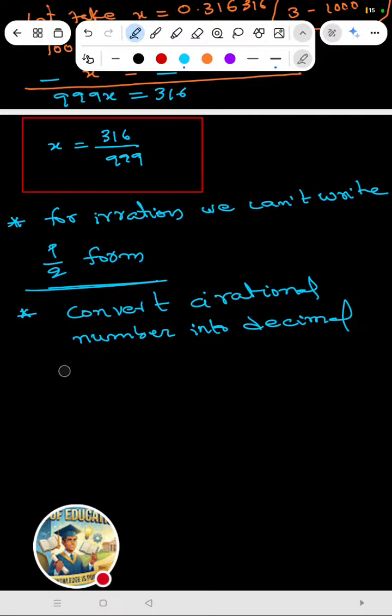For example, 1 by 2. To convert this, we can use various methods. If we multiply the numerator and denominator by 5, we get 5 by 10. 5 by 10 we simply write as 0.5.